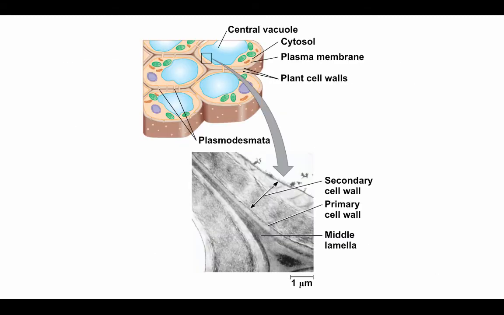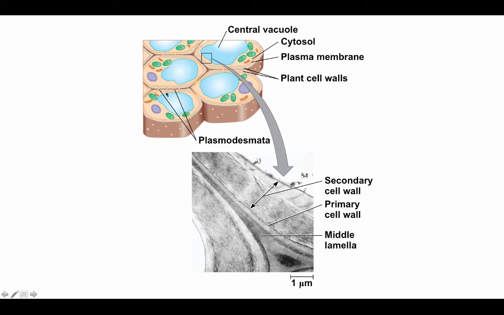So here's an image of these plant cells surrounded by their cell walls, and these plant cells are connected by structures called plasmodesmata. And so these are lined by the cell membranes of the different cells, and so this makes the cytoplasm of these adjacent cells essentially continuous.